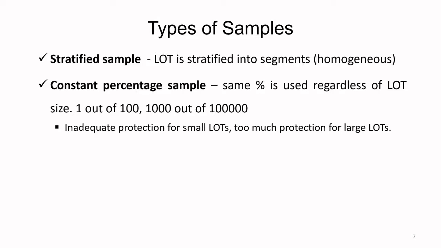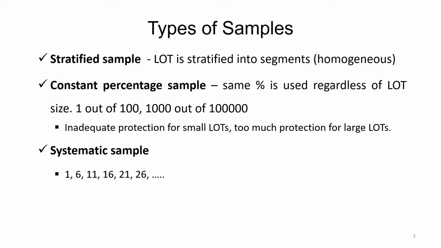So, in the first case, inadequate protection for small lots and too much protection for large lots. When you can do things in 150 pieces, why check 1000 pieces? That is too much protection. And if you just check one piece out of 100, that is inadequate protection.